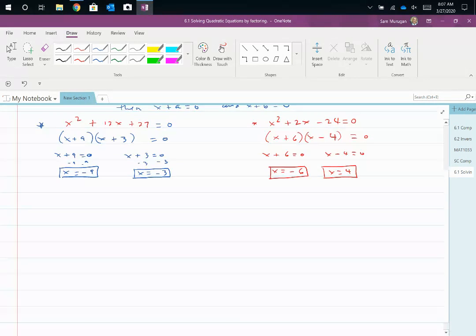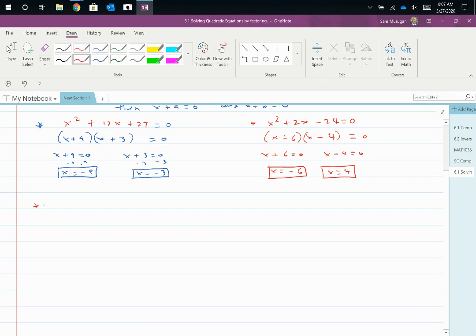If the equation is not set equal to 0, then you'll have to make sure that it's set equal to 0 by performing whatever operation you need to. For example, in this case, I would add 13x to both sides.